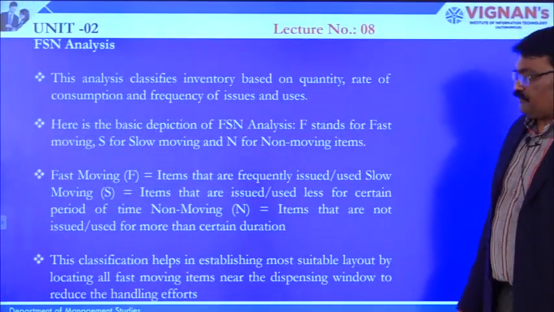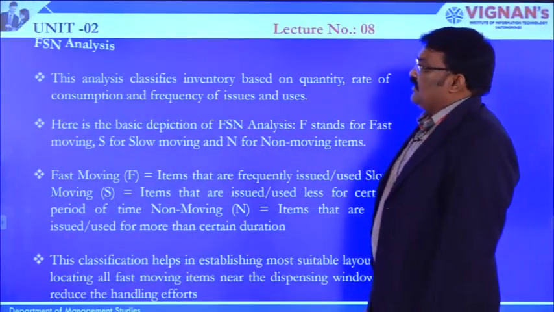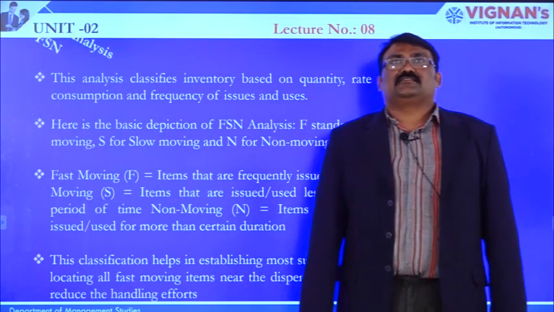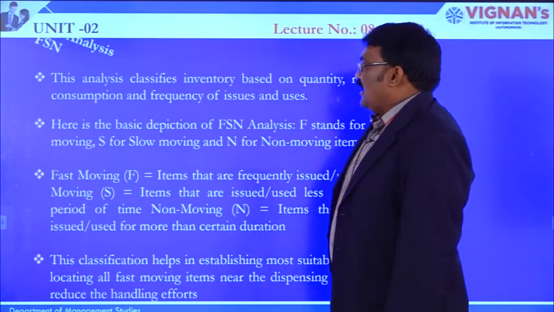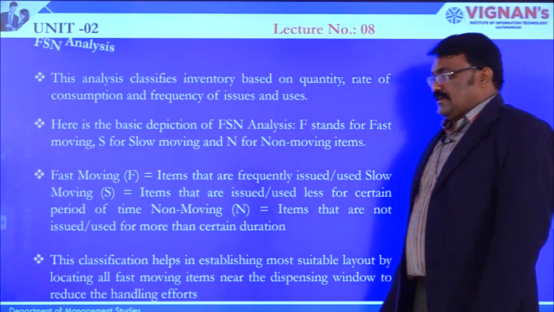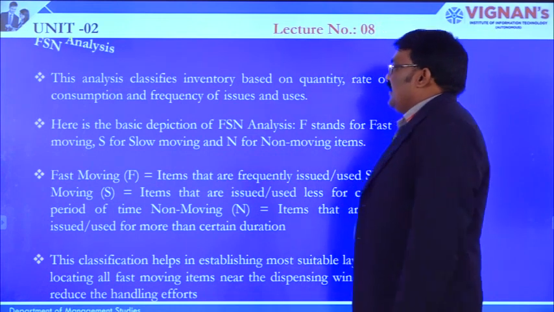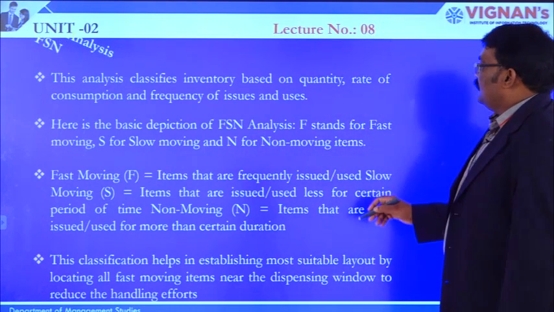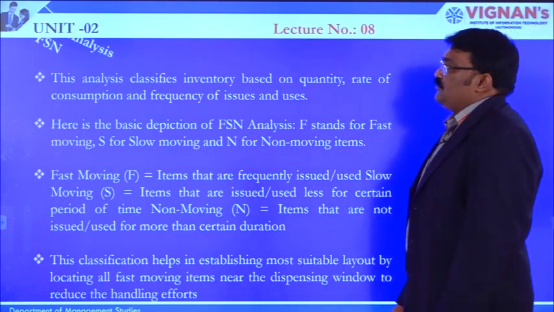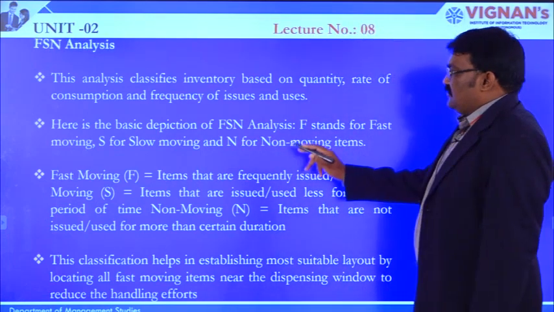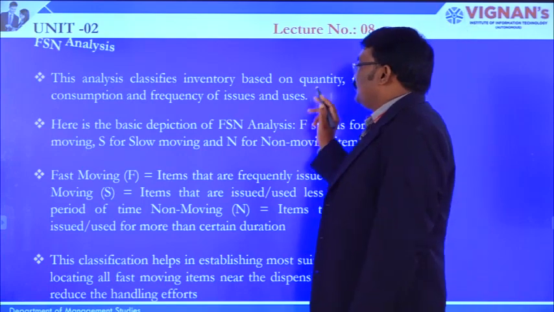We will go to the next type of analysis, which is FSN analysis. Under the FSN analysis, this analysis classifies inventory based on quantity, rate of consumption and frequency of issues and usage.